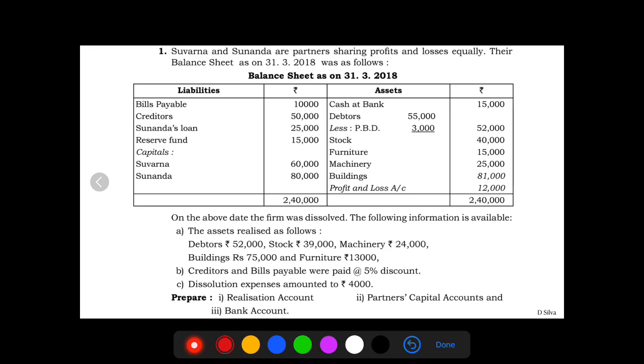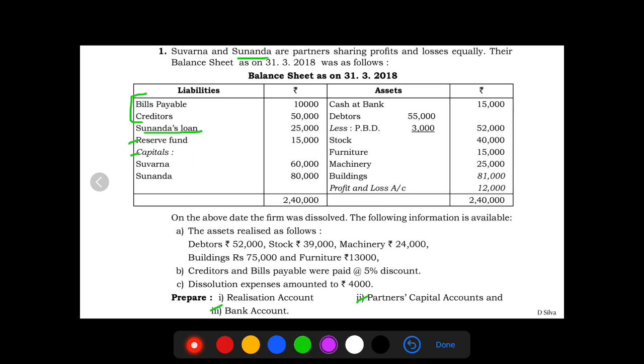We have creditors, bills payable, Sunanda's loan, reserve fund and capital given on the liability side of the balance sheet. Remember students, Sunanda is the partner. So Sunanda's loan will go to bank account, while reserve and capitals will reflect in partners capital account. The other liabilities are nothing but creditors and bills payable.